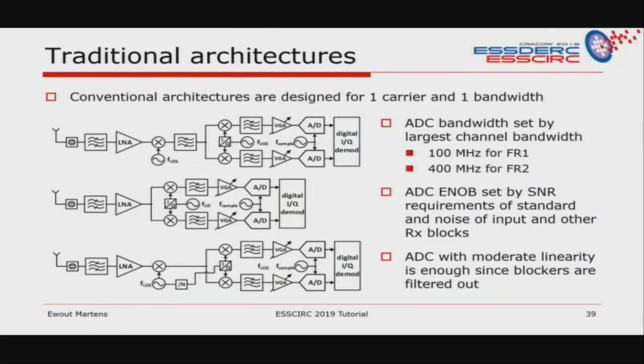We have all the traditional architectures like a direct receiver or zero IF receiver, heterodyne receivers, and so on. And the ADC bandwidth is just set by the largest channel bandwidth. And the ENOB, as I said, is set by what kind of signal you want, what kind of modulation scheme you have, and how much SNR you need for that.